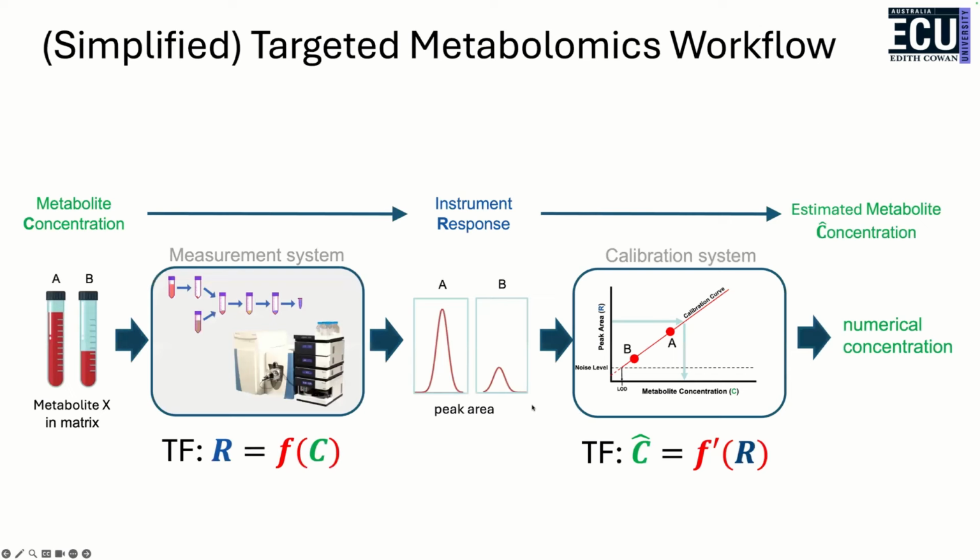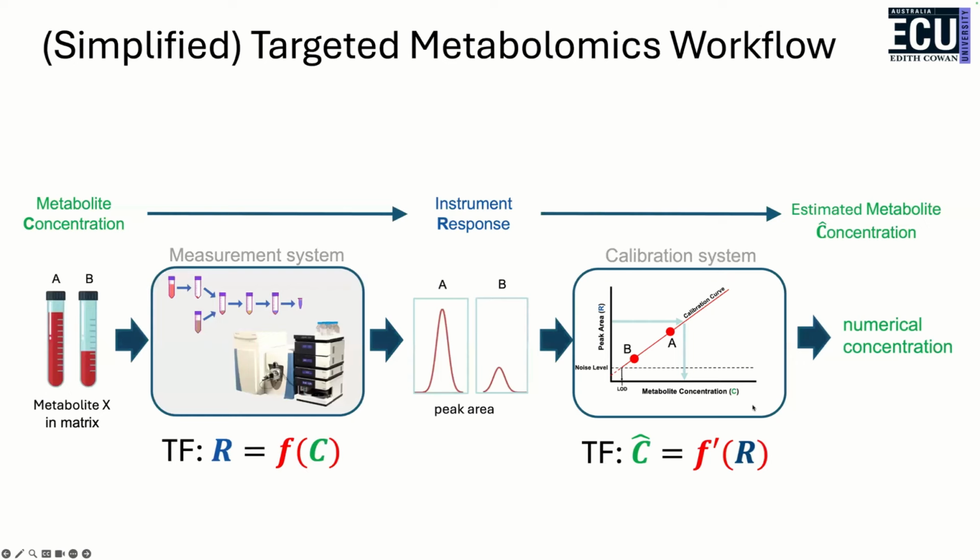If we go back to the basics and look at a very simplified model of the targeted metabolomics workflow, you would have your samples in matrix. In this case, it looks like it's blood. Then you have a measurement system, a mass spectrometer, from which you get a response, which is a function of the concentration of a metabolite in that sample. This response is usually peak area or peak centroid, but let's just stick with the peak area.